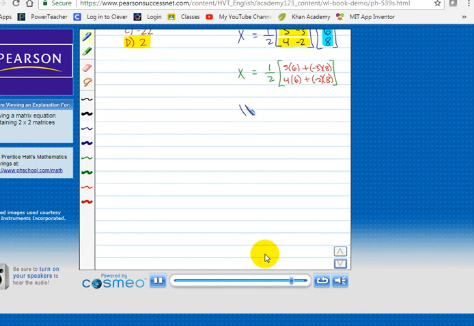Okay, x equals 1/2 times 5 times 6 is 30, and negative 3 times 8 is negative 24. 30 plus negative 24 is 6.